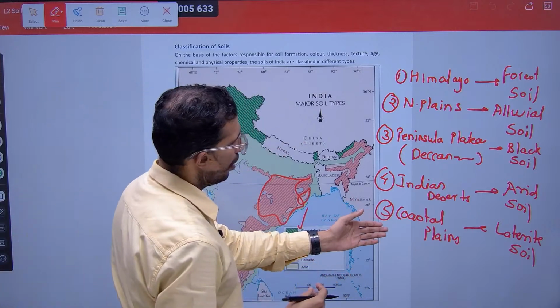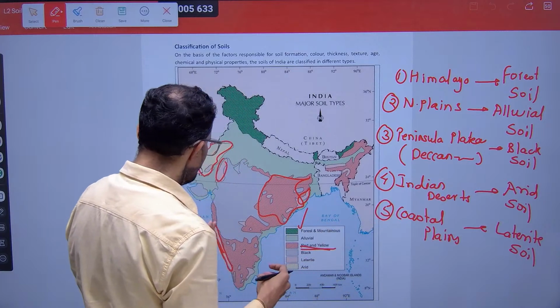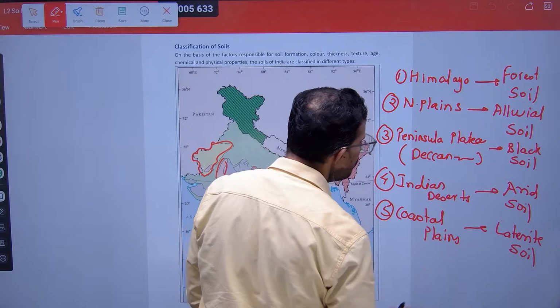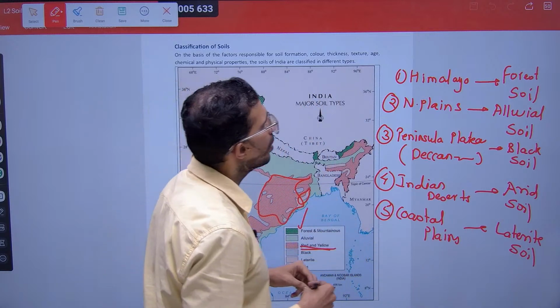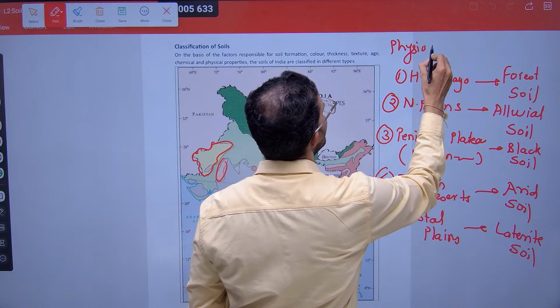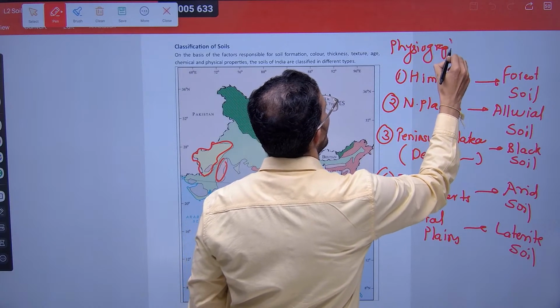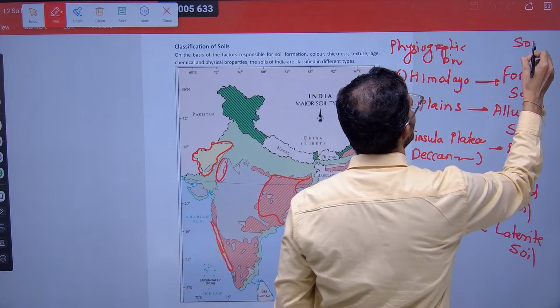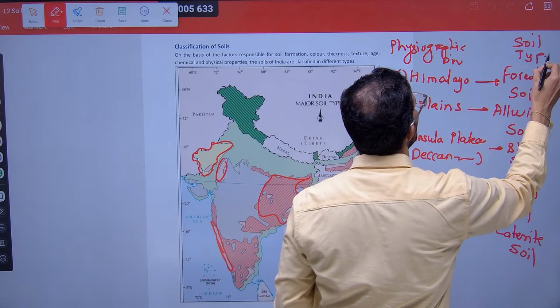Like, if you see, this is the Eastern Ghat or Western Ghat region, or you may correlate as per your convenience. So what we have seen, the physiographic divisions and the soil types, how we have correlated.